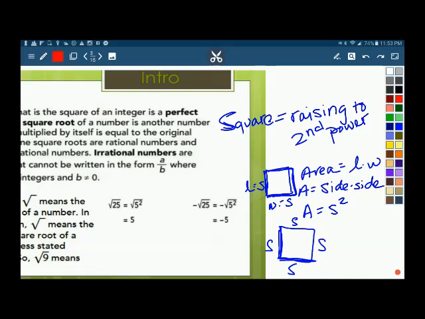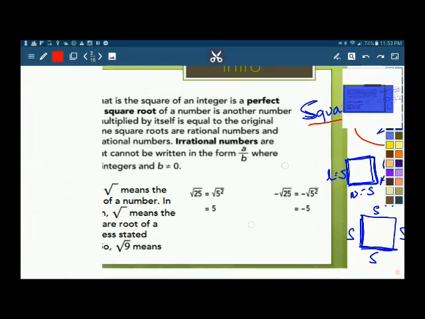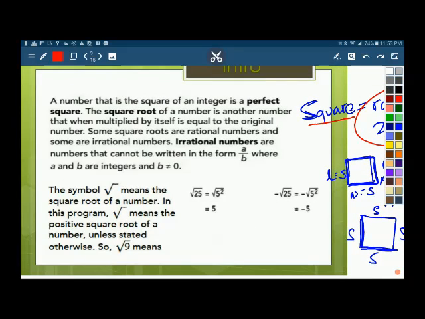So all I really want you to take away from that is the word square means that we're raising something to the second power, or we're multiplying it by itself. A number that is a perfect square is a number obtained by multiplying a whole number by itself, which introduces us to the function of a square root.